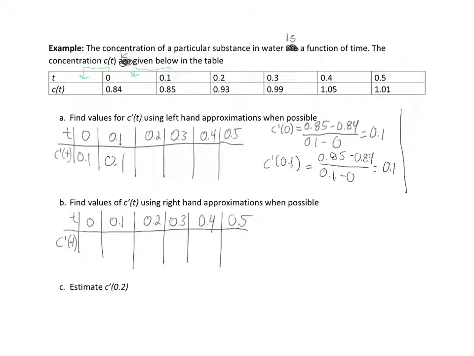So if I wanted to find c prime of 0.2, again, I would need to use a value to the left of it to do a left-hand approximation. So I would say 0.93 minus 0.85 over 0.2 minus 0.1. And c prime of 0.2, and again this is an estimate, is 0.8.